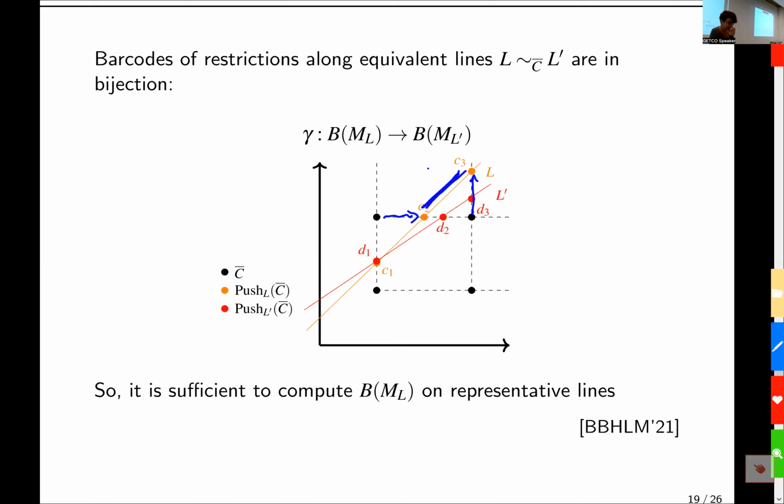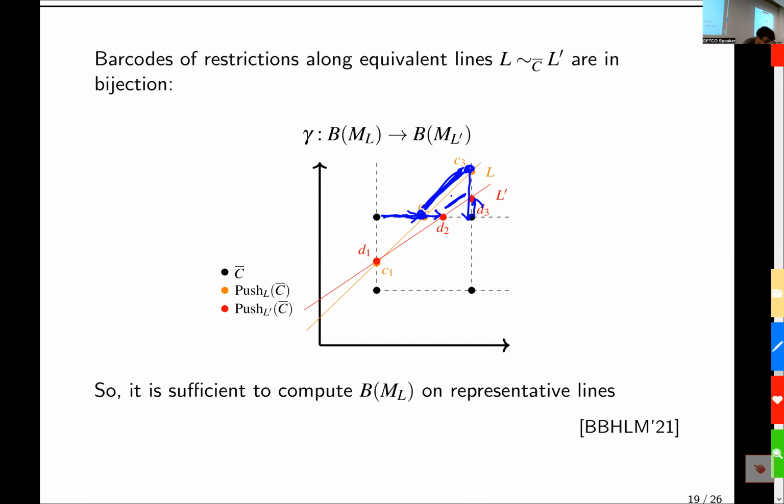And also, if I have two equivalent lines, L and L prime, and I know that there is a bar here because maybe I have computed it, then I can immediately say that line L prime must have a bar here. I take this endpoint, I pull it back to the critical value, and then I push it onto L prime. I take this endpoint, I pull it back to its critical value, and then I push it to L prime.